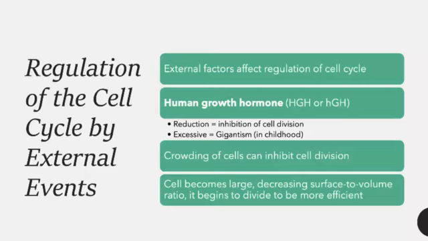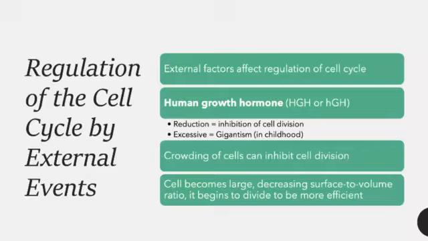If our growth hormone levels are reduced, then cell division is going to slow down or maybe even stop altogether. On the other hand, if too much growth hormone is produced during childhood, it can lead to gigantism, where the body grows excessively tall because there's too much cell division taking place.